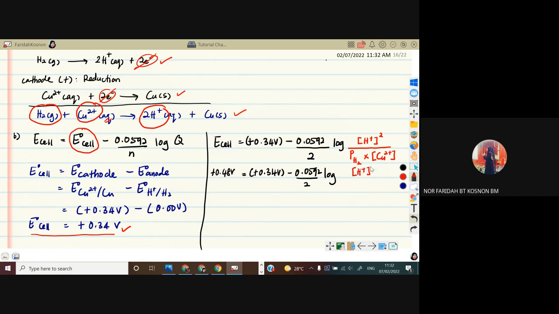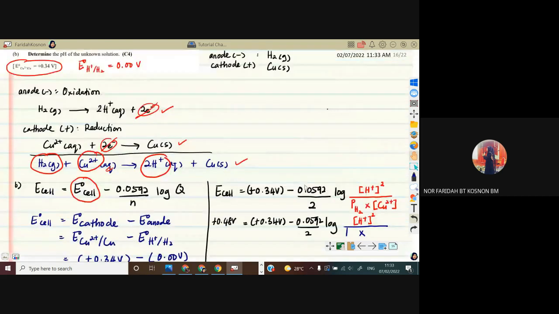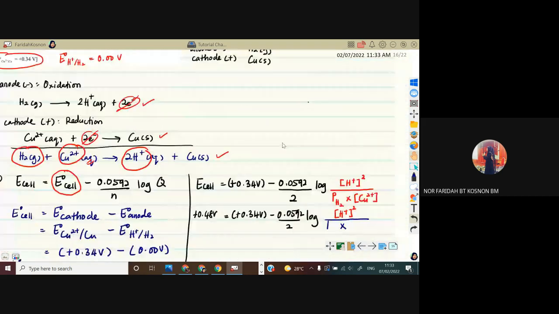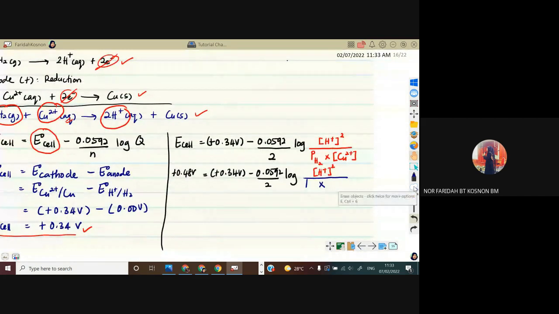Saya biarkan merah dulu kat situ. And then saya bahagikan dengan sini 1 atm times concentration of copper. Berapa concentration of copper diberi? Sekejap, saya tengok soalan. Concentration of copper 1.0 molar. Okay. 1 atm darab 1.0 molar. Pressure hydrogen gas. Ini adalah concentration of copper ion.